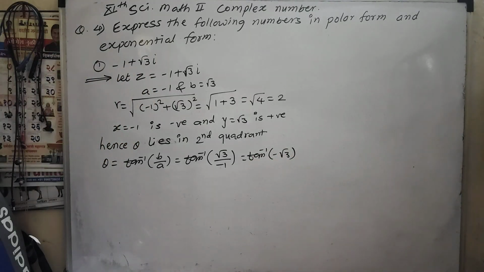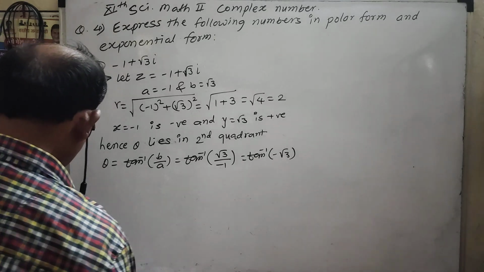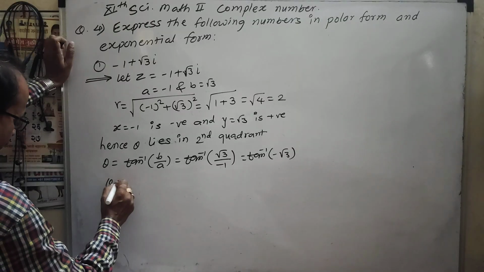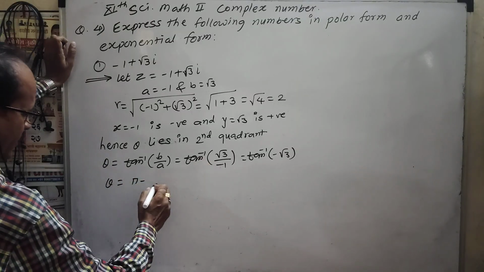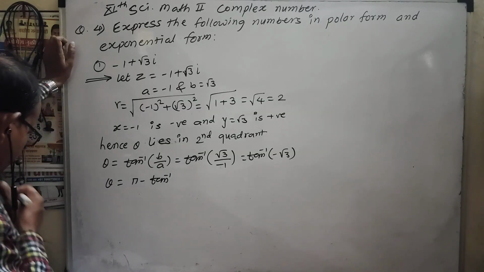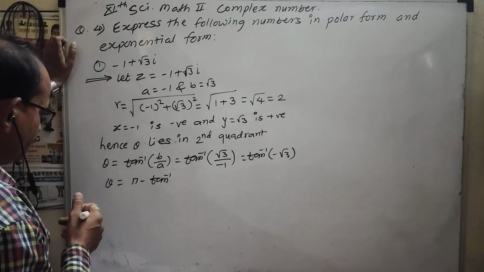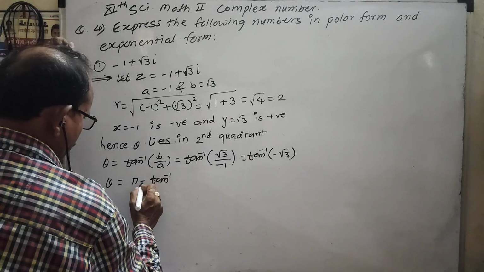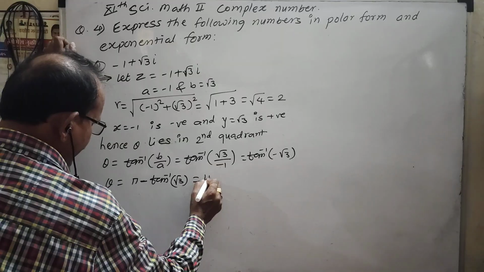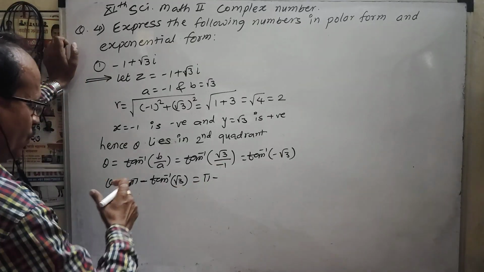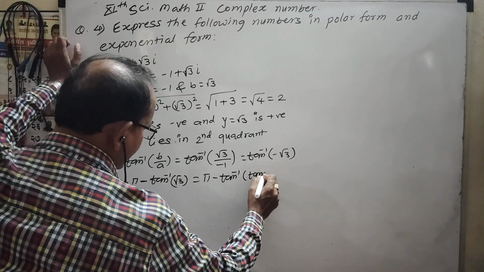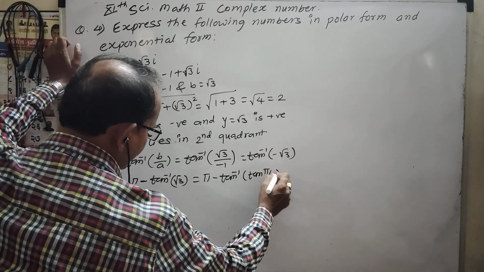But here it is in the second quadrant, so theta is equal to pi minus tan inverse of root 3, which is pi minus tan inverse of tan pi by 3.